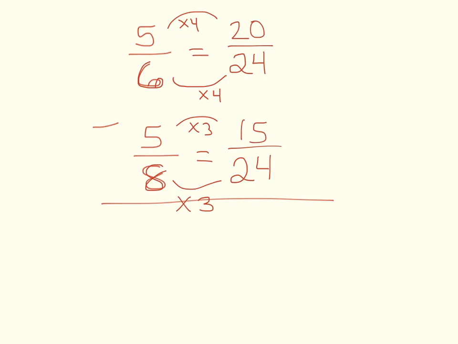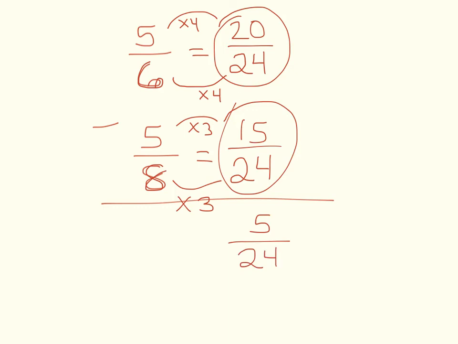Now I'm ready to subtract. My denominators are the same. I can do 20 24ths minus 15 24ths. And that is 5 24ths, and that's in simplest form. 5/6 minus 5/8 is 5 24ths.